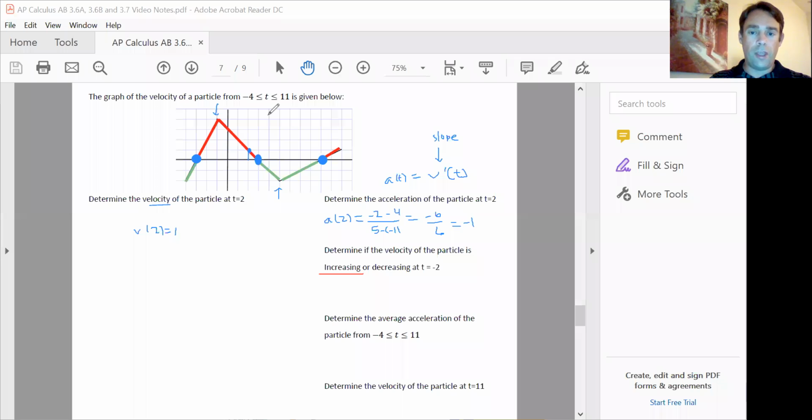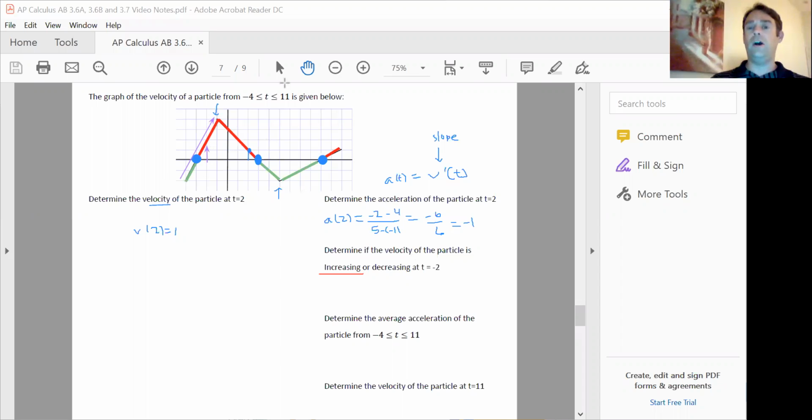We are going to look at the rate at t equals -2. My acceleration is a positive value. And you can see the positive value because the whole line segment is going in a positive direction. Okay, so that means my acceleration is a positive value, therefore my velocity is increasing.